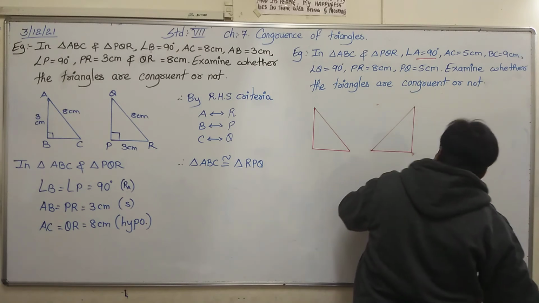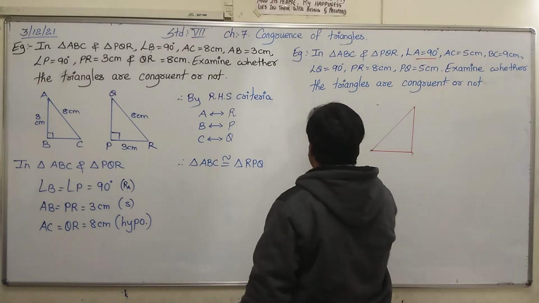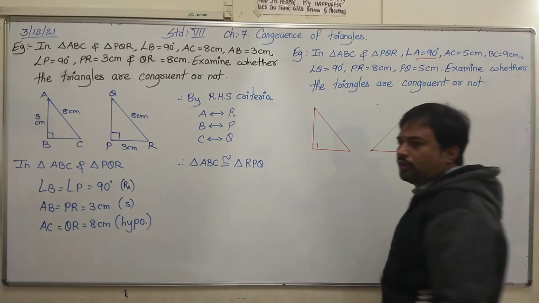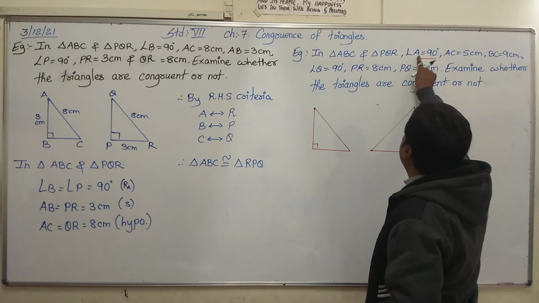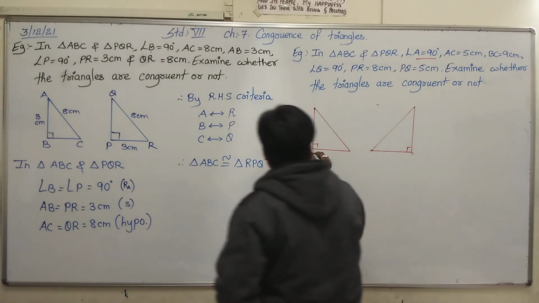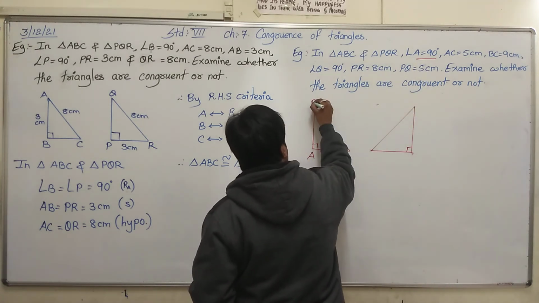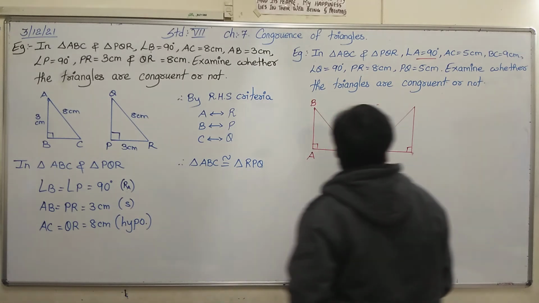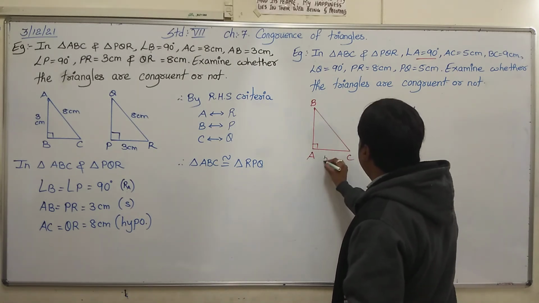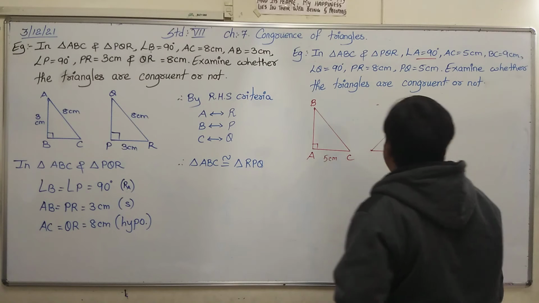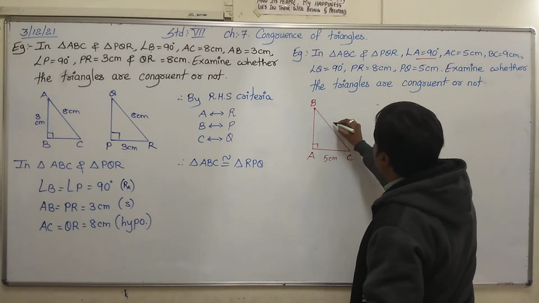Say right angle triangle. This is also right angle. For ABC, right angle is at A and remaining two B and C. AC is equal to 5 centimeters. BC 9 centimeters.